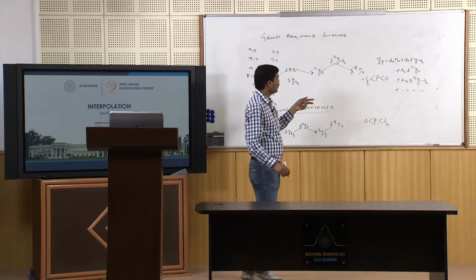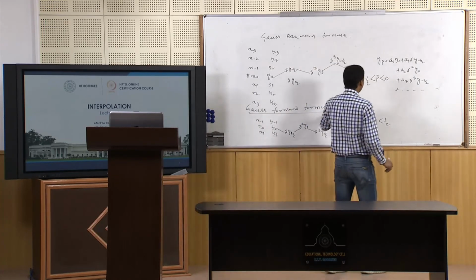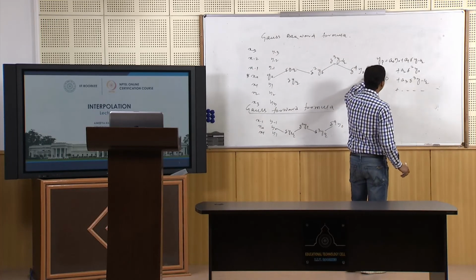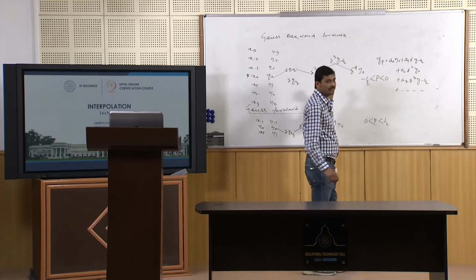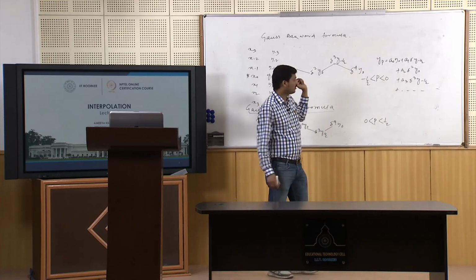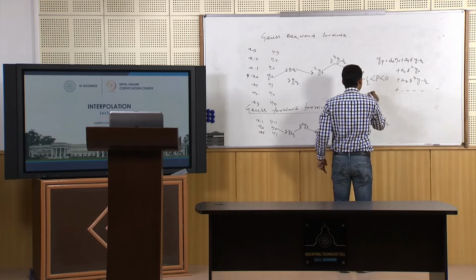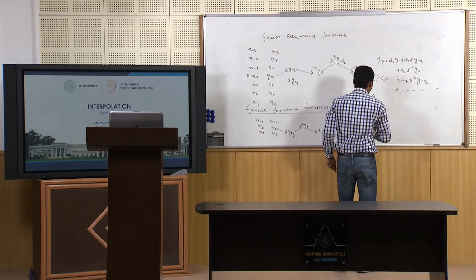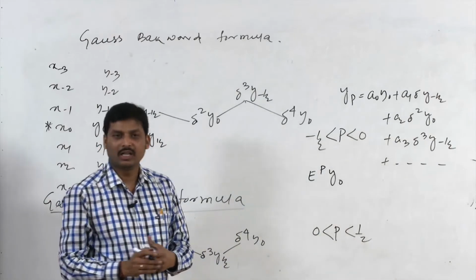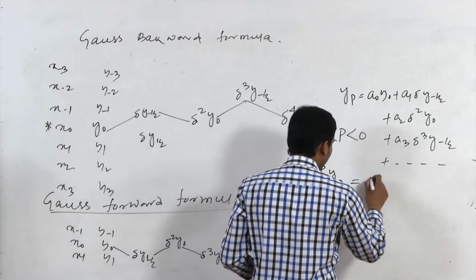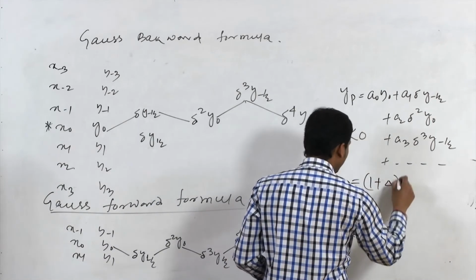To compare these coefficients, first we have to express yp in terms of Newton's forward difference formula. We can write that as e to the power p of y0, which can be written as 1 plus delta whole to the power p of y0.